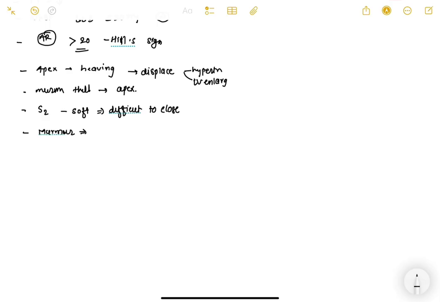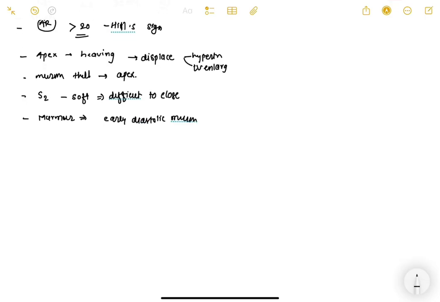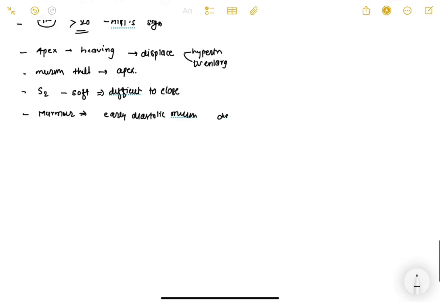So what type of murmur we are going to get in this AR? It is early diastolic. So early diastolic, how is it like? It is a decrescendo.